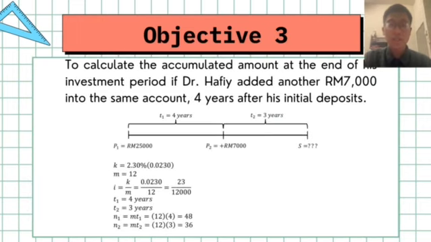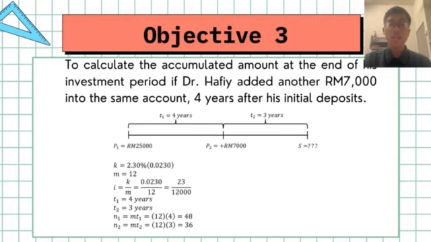Objective 3. To calculate the accumulated amount at the end of his investment period if Dr. Hafiz added another 7,000 ringgit into the same account 4 years after his initial deposit. P1 equal to 25,000 ringgit, P2 equal to 7,000 ringgit, and what we need to find is S, the accumulated amount at the end of his investment period.